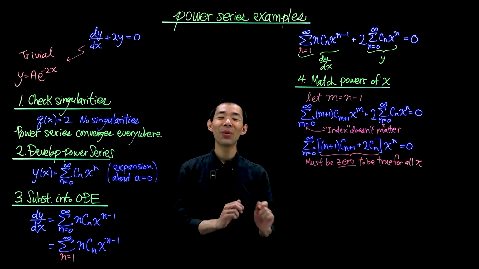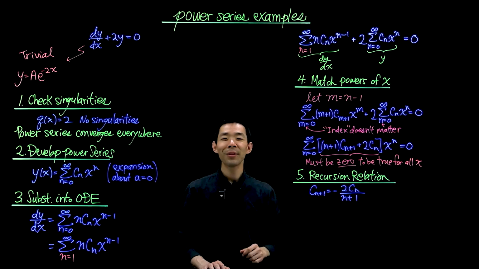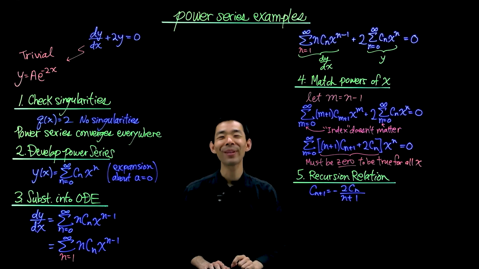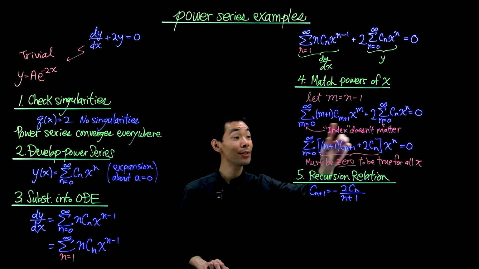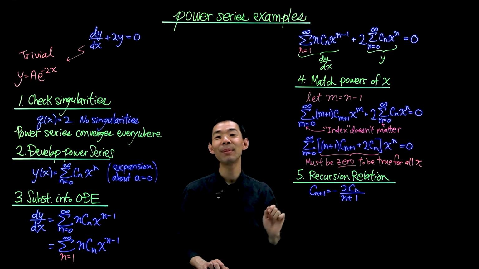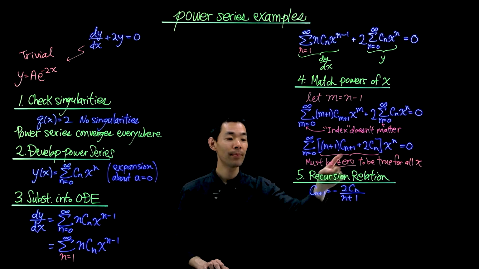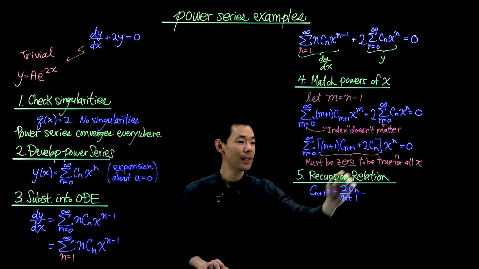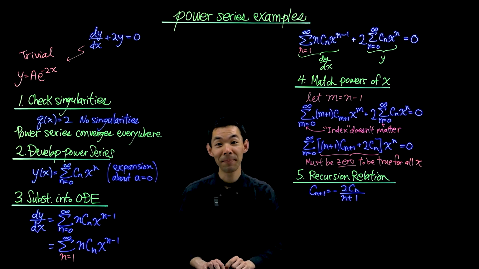Now, we have what's called a recursion relationship. So step 5 is to obtain this recursion relationship. This came directly from setting everything inside the bracket to be 0. And you solve for c sub n plus 1 on the left-hand side. So you obtain negative 2 times c sub n, which jumps to the right-hand side, divided by n plus 1.